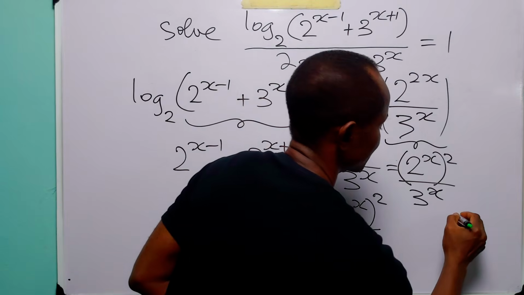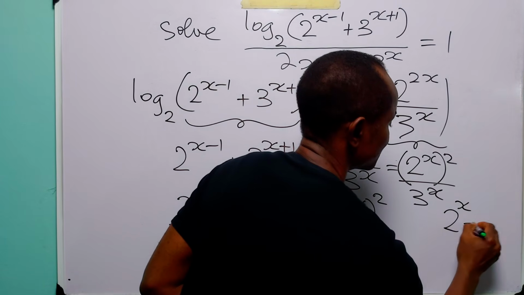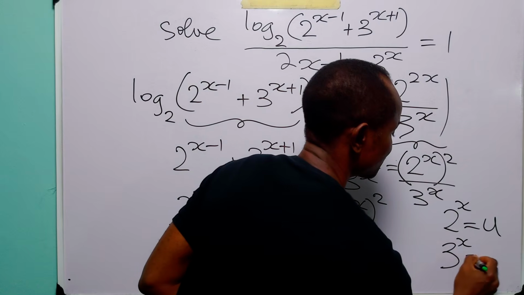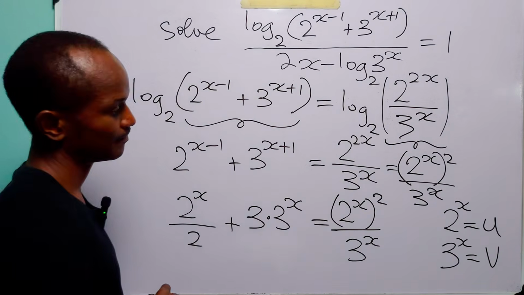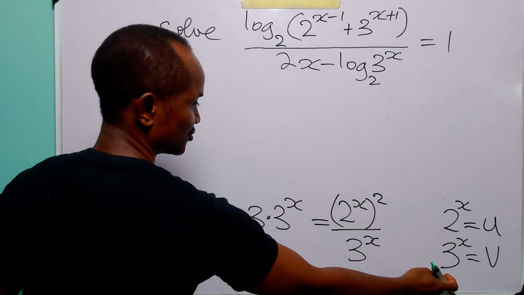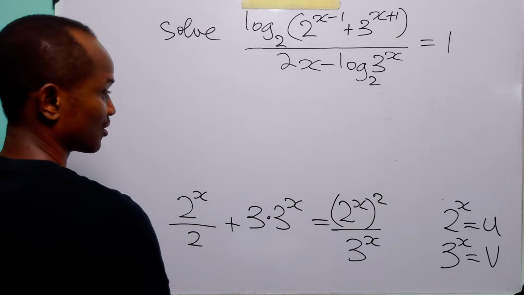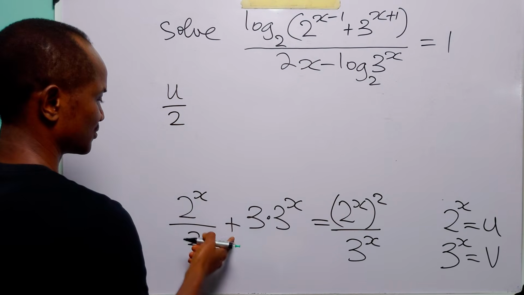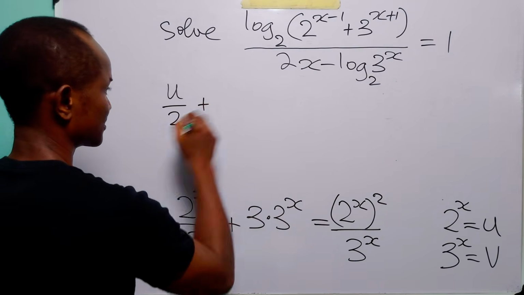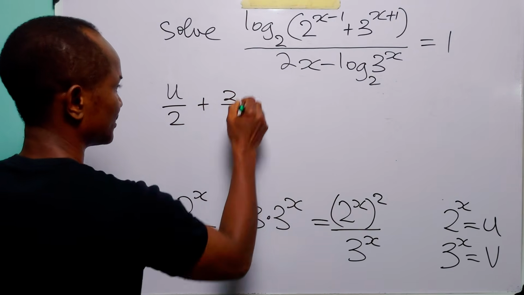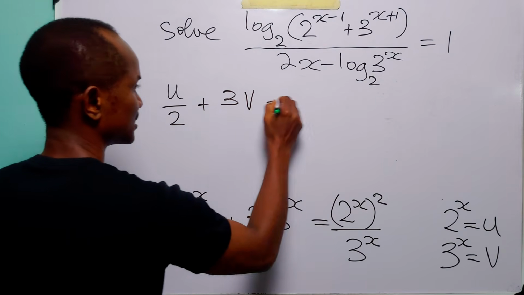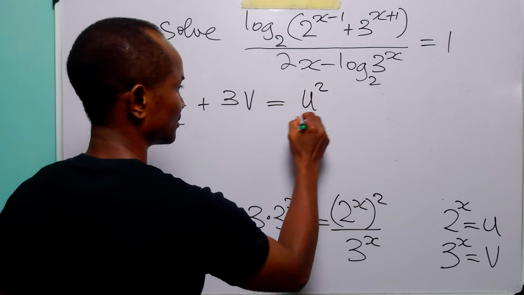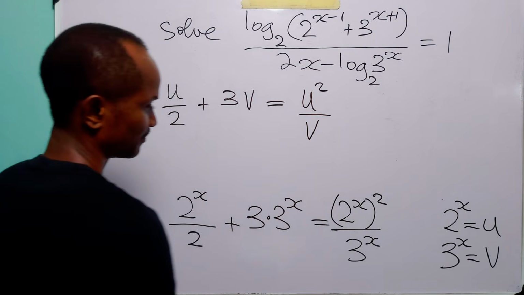So, let 2 to the power x be equal to u, and 3 to the power x be equal to v. And with these substitutions, this equation becomes u over 2 plus 3 times v is equal to u squared over v.